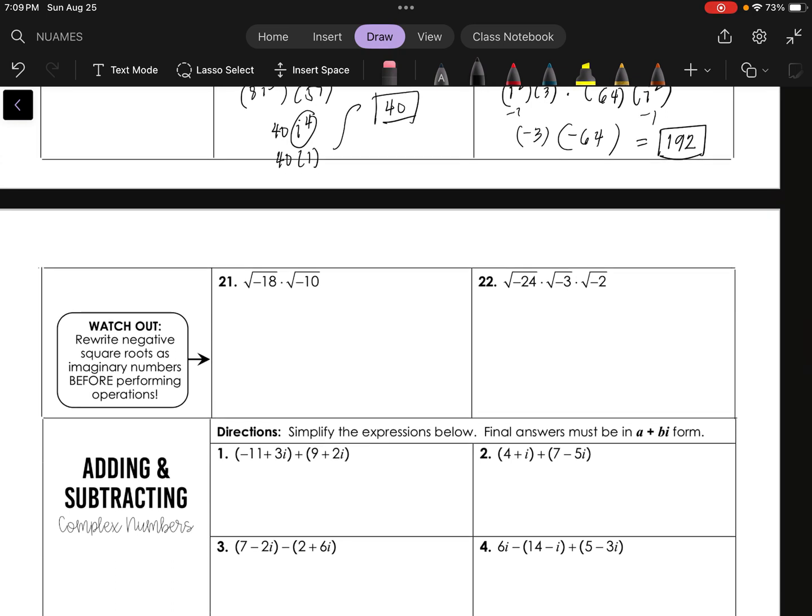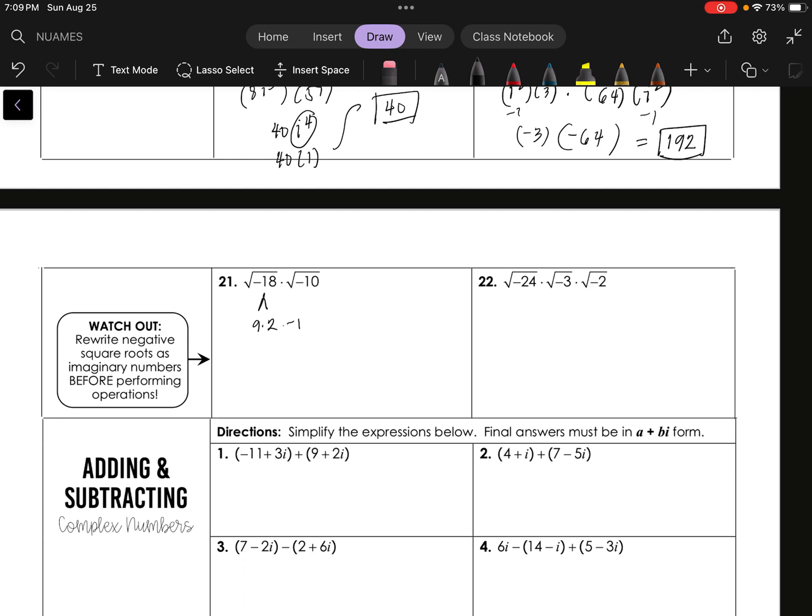So this time we're trying to multiply, but we have two radicals in our examples here. So always remember, it applies to radicals as well, but we have to make sure that we express them in simplest radical form. If we take a look at 18 first, 18 here can be simplified as 9 times 2, right? And 9 is a perfect square. Knowing that it's in a radical sign, this gives you also a -1.